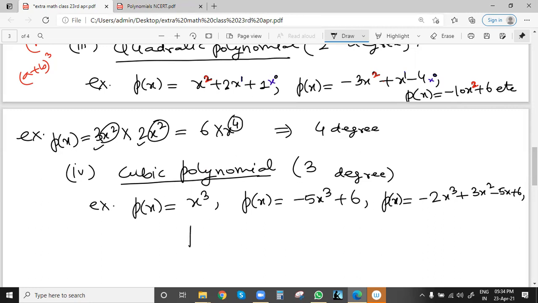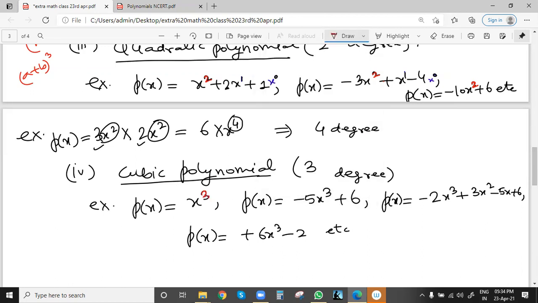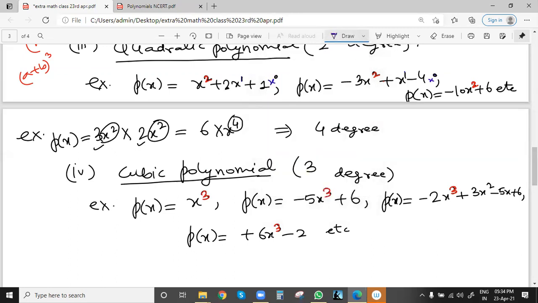Types like these can be p(x), or plus or minus 6x cube minus 2, etc. In every case the degree is 3, because the maximum power of x is 3. We have to take the maximum power of x because other powers of x are also there. In the equation with only one power, 3, the degree will be 3. For the constant 6, 6 means 6 into 1, and 1 is x to the power 0, so the other power of x is 0.